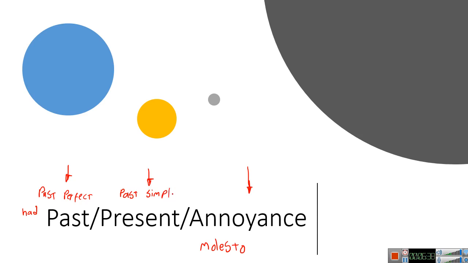How do we know it's past simple? Because normally verbs end in ed. And annoyance, well, that's would plus, what is that? Plus she'd stop talking. I think it's ing, but we're gonna see it later.